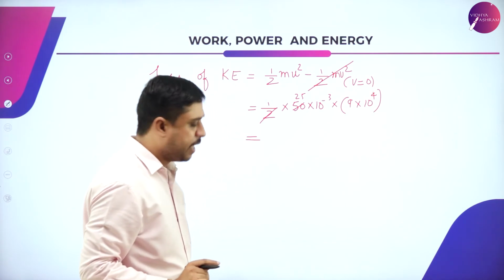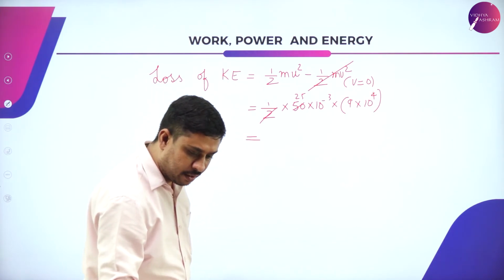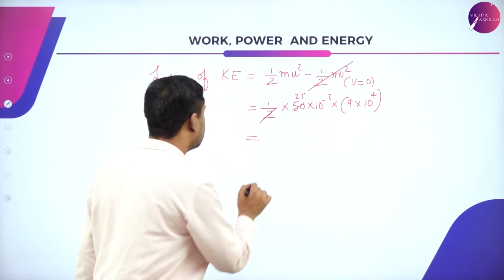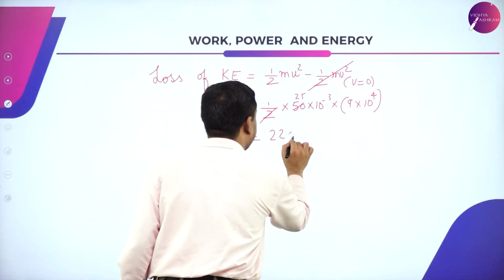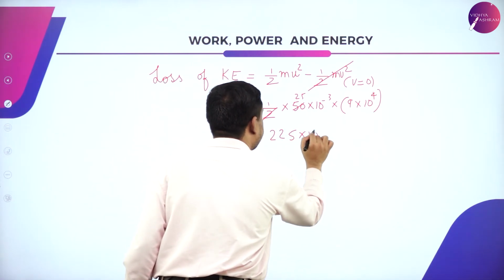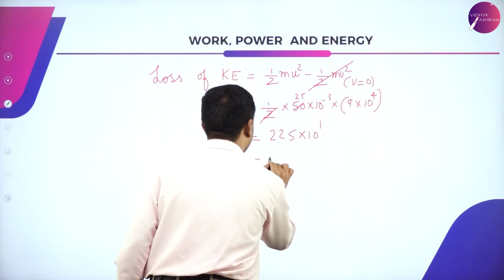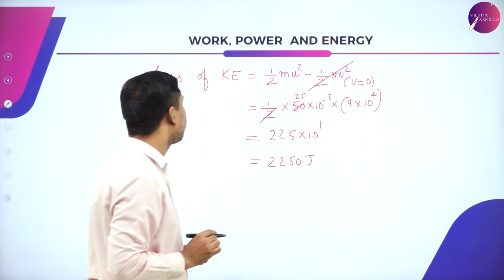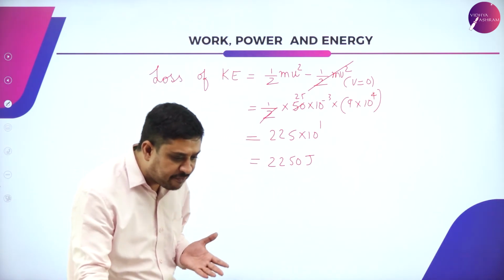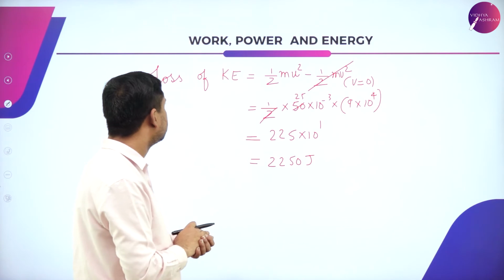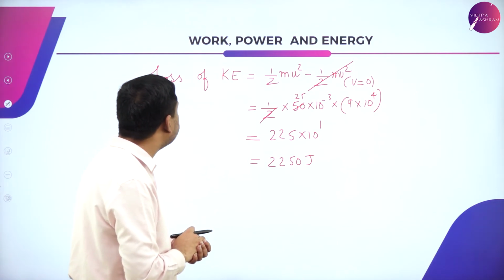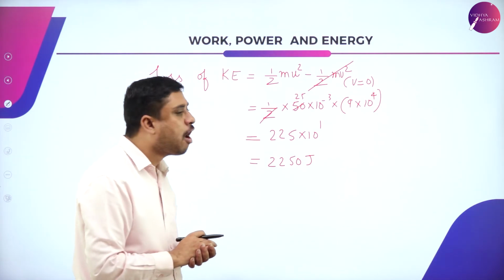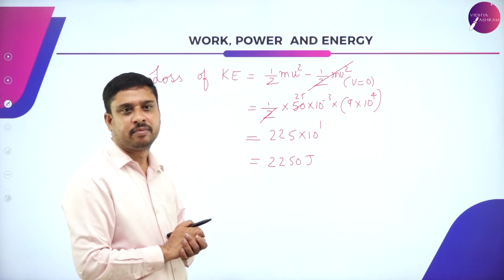So 25 into 9 is 225 into 10 power 1. So 2250 joule. Now I have calculated what is called the loss of kinetic energy.